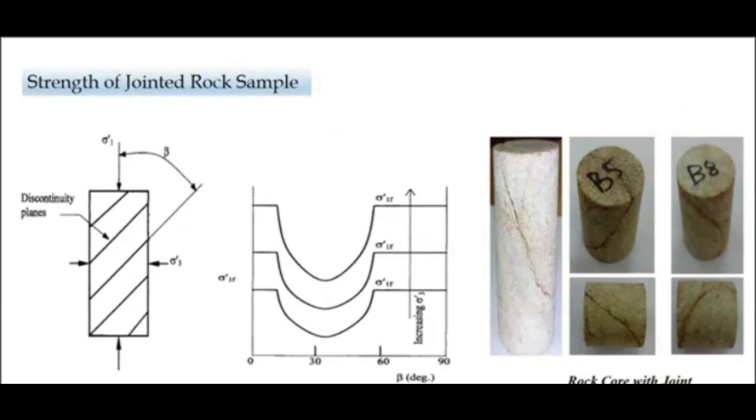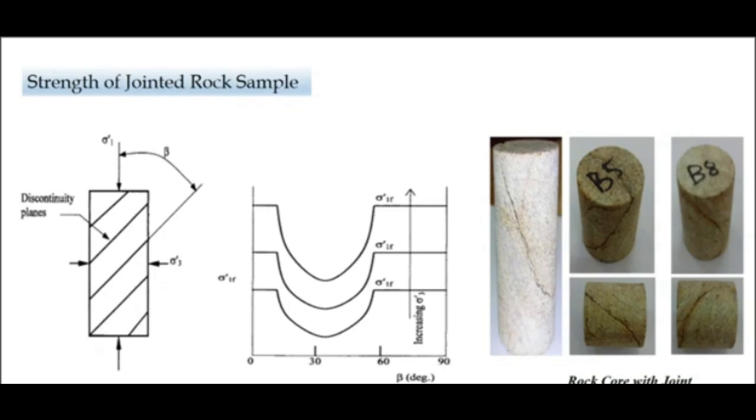For example, if I'm applying a load of sigma 1 along a specific vertical direction, and the orientation of the discontinuity planes, beta, changes from 0 to 90°, you will find a drop in the strength of the material at angles ranging between 15 to 60°, where around 45° the strength is the least.